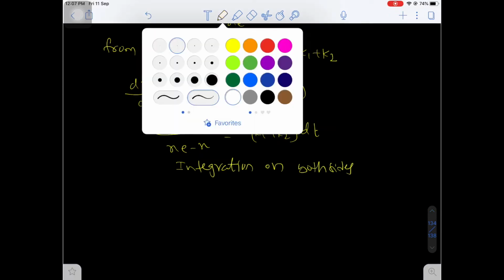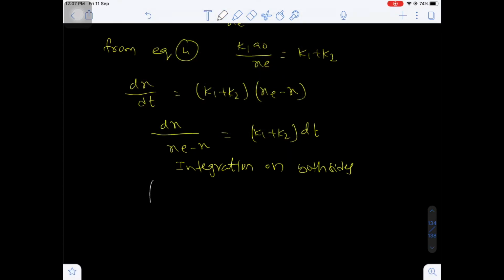Are you getting my point? After integration, the integral dx by xe minus x will be equal to the integral k1 plus k2 into dt. The limits here, x ranging from 0 to x and t changes from 0 to t. Are you getting my point?